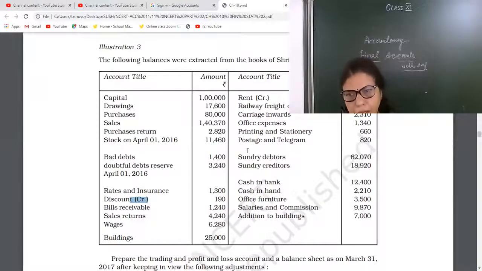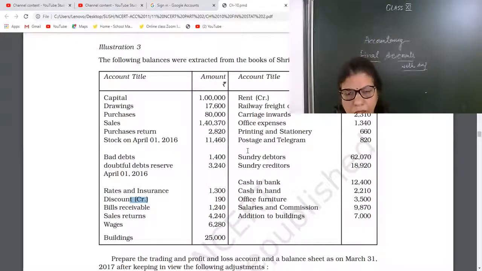Wages, P&L debit. No, trading debit. That's why I am telling you, be attentive. Wages is a direct expense related with factory or manufacturing. That's why it is to be shown in the debit side of trading account.